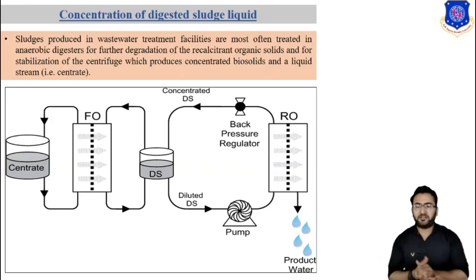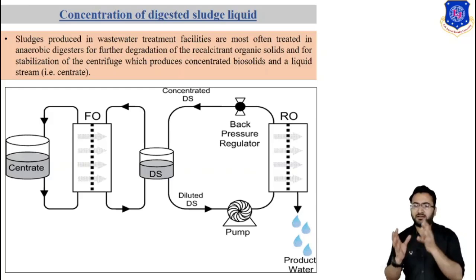for retreatment. When these species are returned to the head of the treatment facility, they increase the facility loading and operating cost, and it is suspected that some of the constituents end up in the effluent as nitrogen and phosphorus species. Reverse osmosis can be used as a potential process for the concentration of centrate. However, the centrate is first pre-treated by filtering it through a 150 mesh sieve.